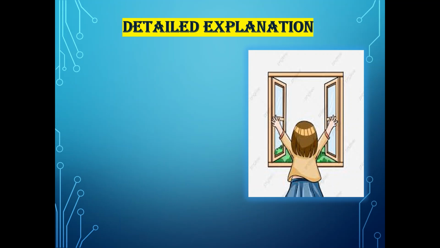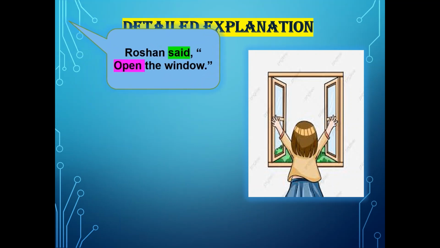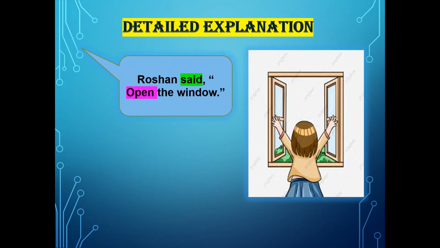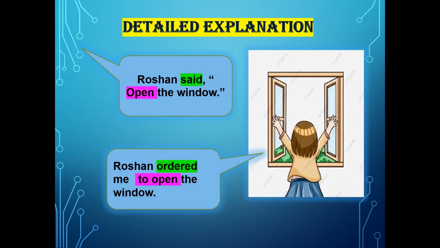So look at the picture. Roshan said, "Open the window." So if we change the sentence into indirect speech, the answer will be Roshan ordered me to open the window. So look at the change.